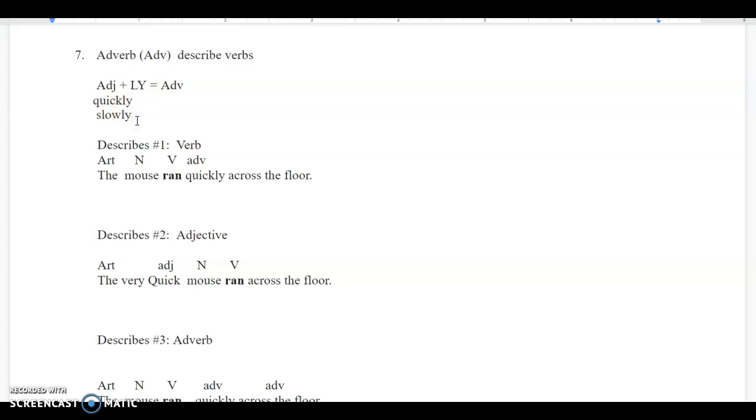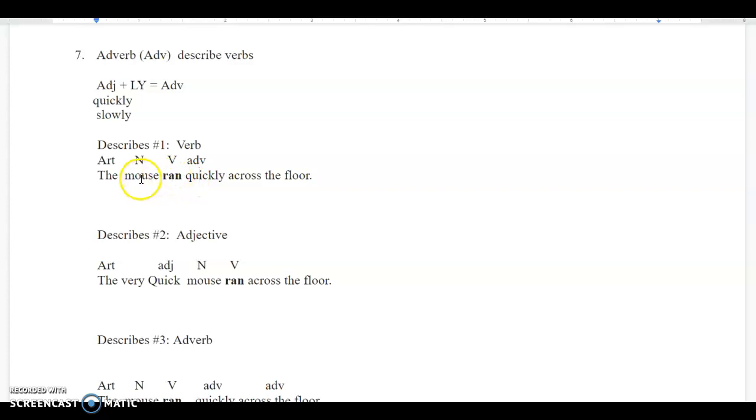Okay. So again, adverbs, number one, what they do is they describe a verb. So here's a sentence that I have. The mouse ran quickly across the floor. So the is an article, mouse is your noun, verb is ran, right? And quickly, I'm describing the ran.